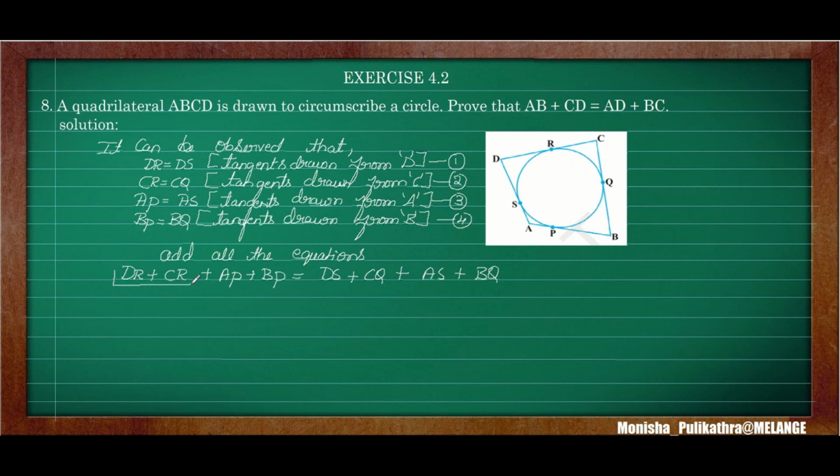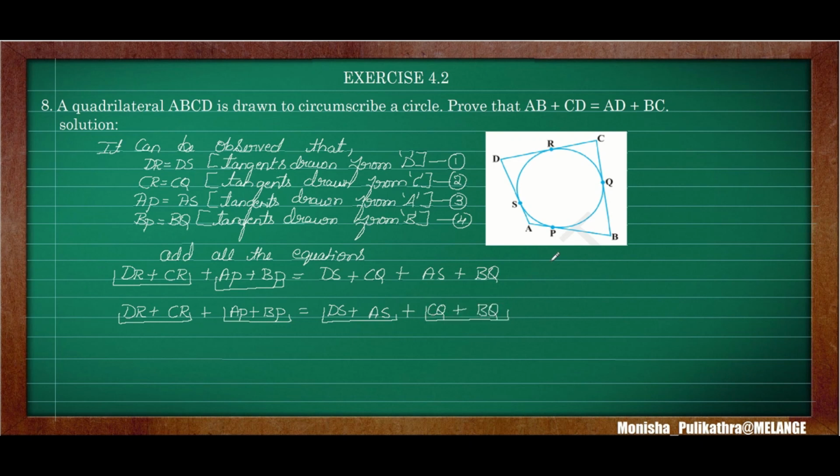See here, DR plus CR, AP plus BP. DR plus CR is one group, and AP plus BP is the second group. Likewise DS plus AS is one group, plus CQ plus BQ is another group.